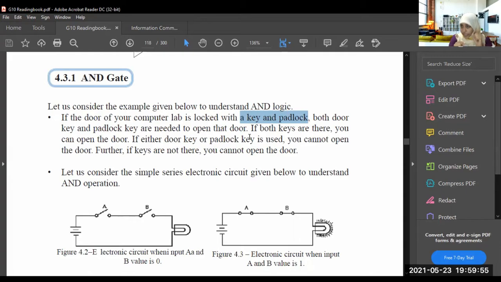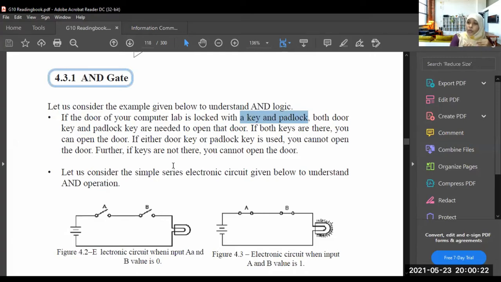Both should be opened to open the door. If both keys are there, you can open the door. If only the door key or only the padlock key is used, you cannot open the door. Further, if keys are not there, you cannot open the door. That is the rule of the AND gate.